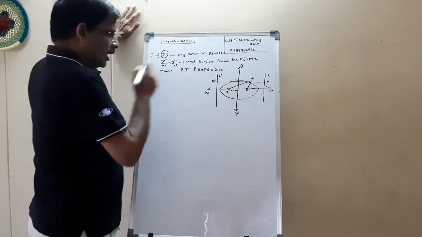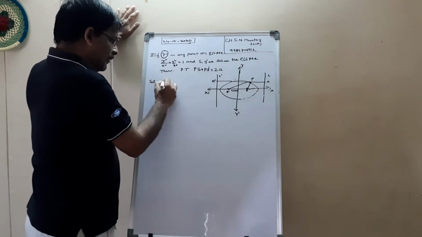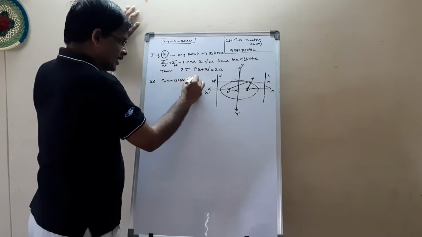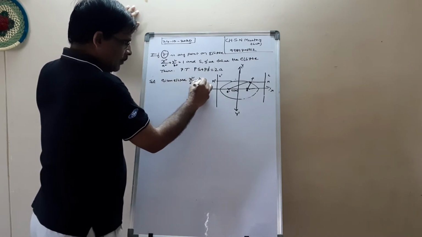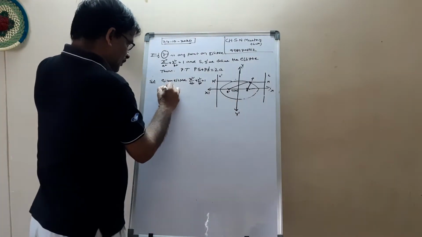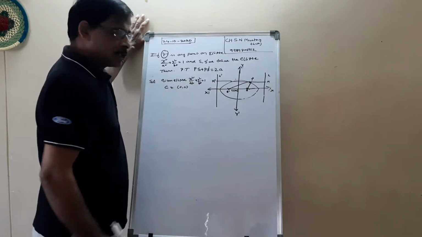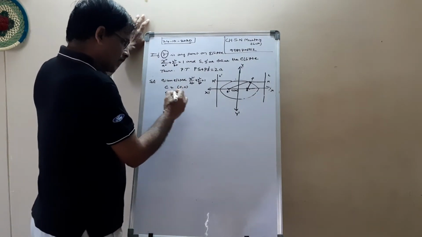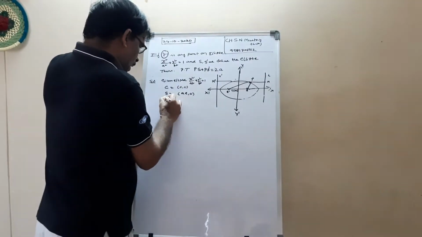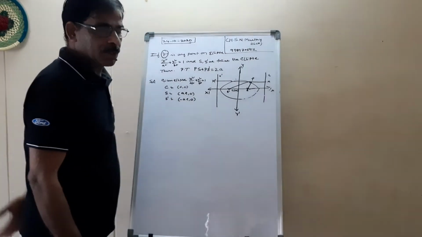See. Now write one by one here. Given ellipse is x square by a square plus y square by b square equal to 1. Next, write the coordinates. The center of the ellipse is 0, 0, and S you know is a e, 0, or S dash equal to minus a e, 0.